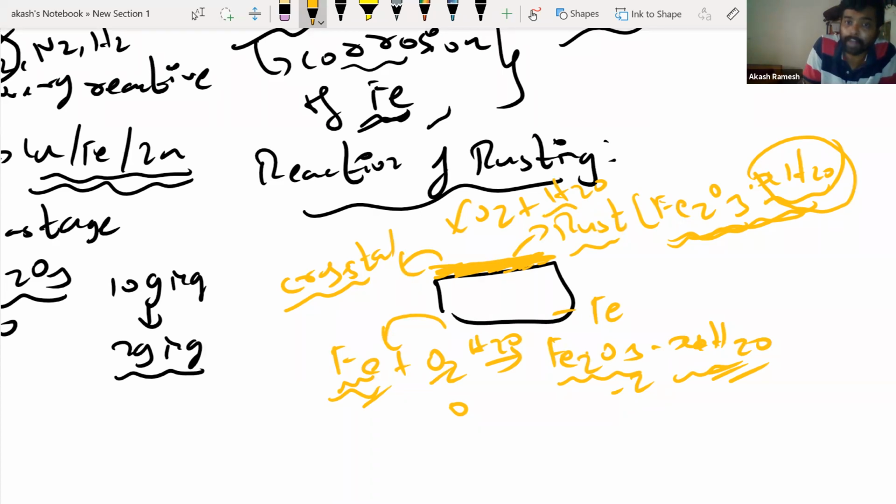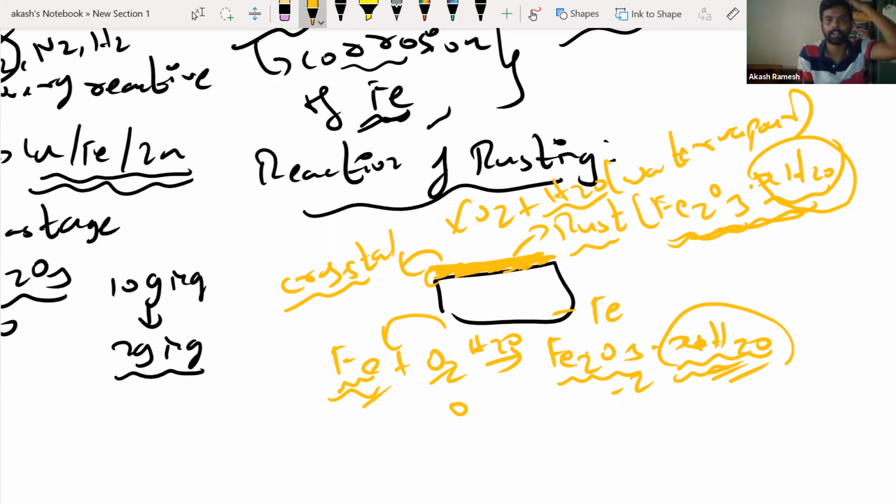The moisture from the atmosphere, water vapor, also reacts. It is going to be in the form of water of crystallization, because the rust is in the form of crystal. That is why I have dot H2O. Understood?